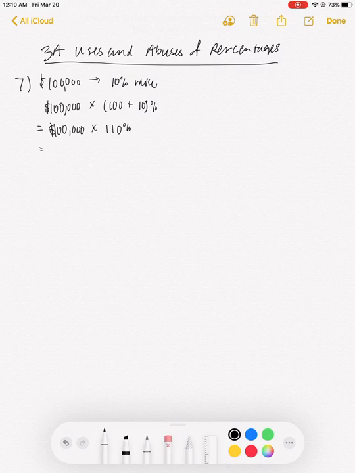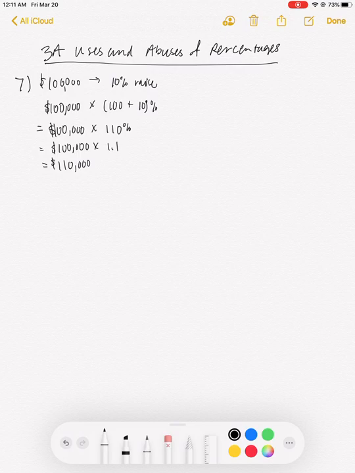That's going to equal, according to my calculations, $100,000 times 1.1, which is equal to $110,000. Okay, so after your raise, you'll get $110,000.